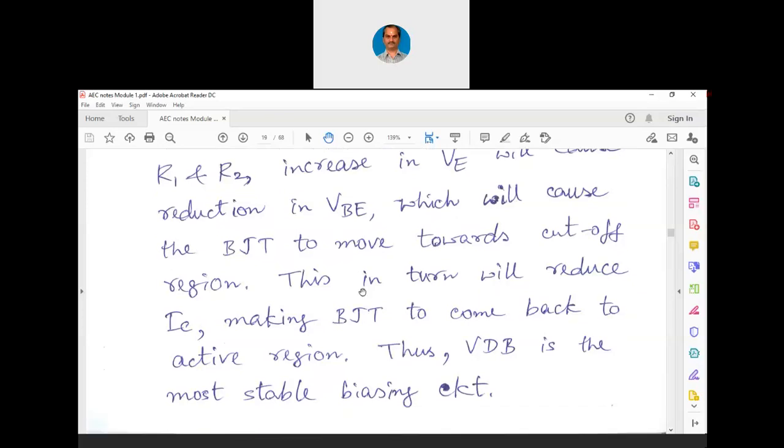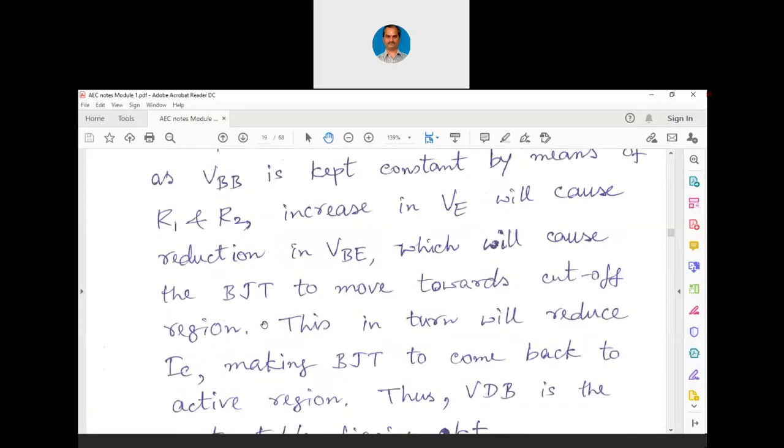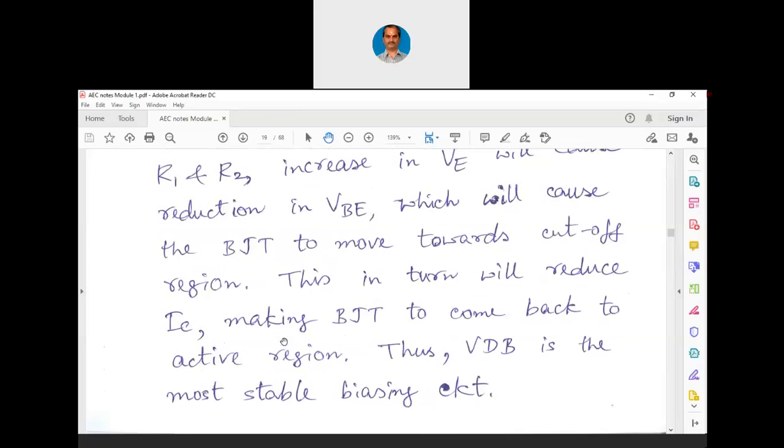This in turn will reduce IC. If at all it goes towards cutoff region, then collector current gets reduced, making the BJT to come back to active region. Thus, VDB is the most stable biasing circuit. You please understand all these points. Why I told you this VDB is the most stable biasing circuit means we are keeping the base voltage always constant by choosing R2 in such a way that we can always ignore IB in any case.